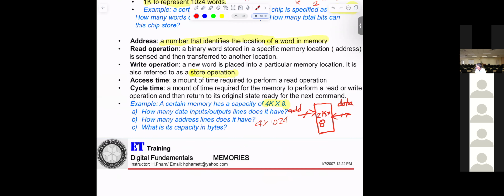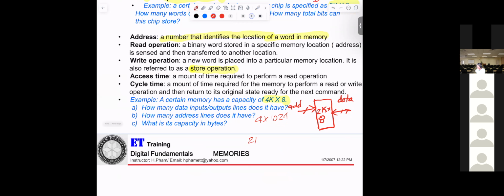How many address lines does it have? How many data lines? You know that it will be 8-bit, so there will be 8 bits of data. Now pick up one simple example, 2K by 8.